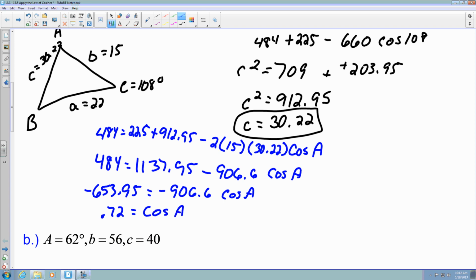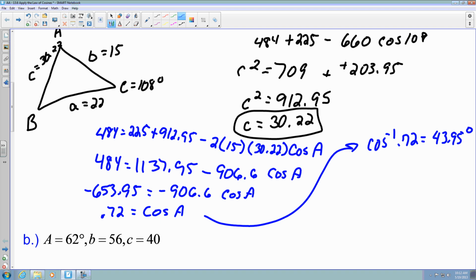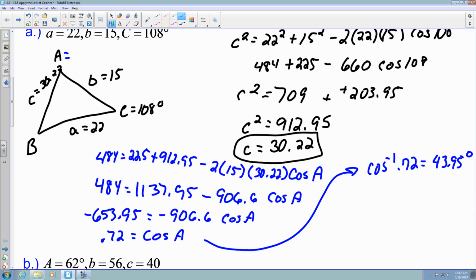Now, if I'm looking for A, I can write this as the inverse cosine of 0.72. If I punch in inverse cosine of 0.72, I get 43.95 degrees. So A is 43.95 degrees.